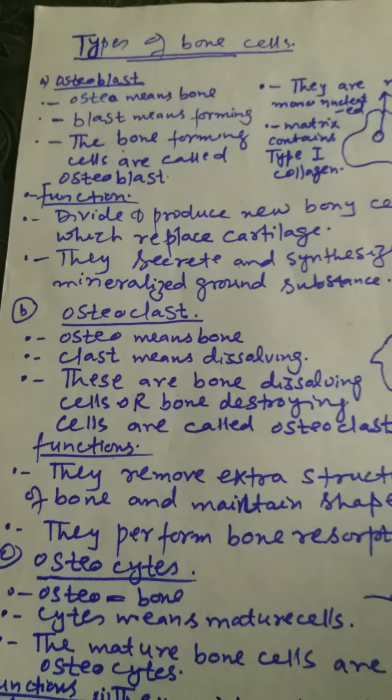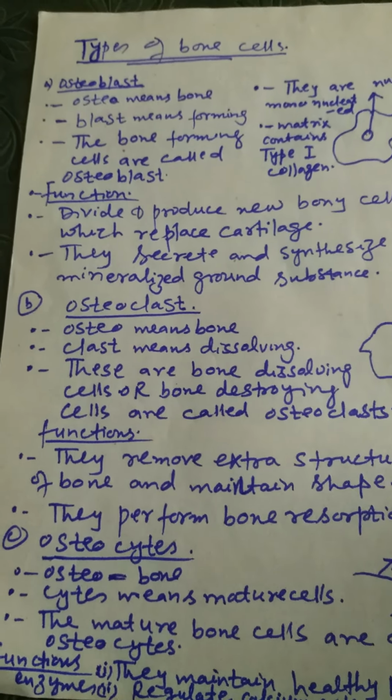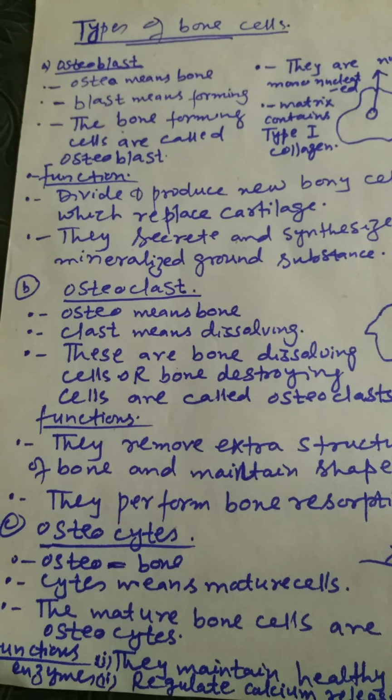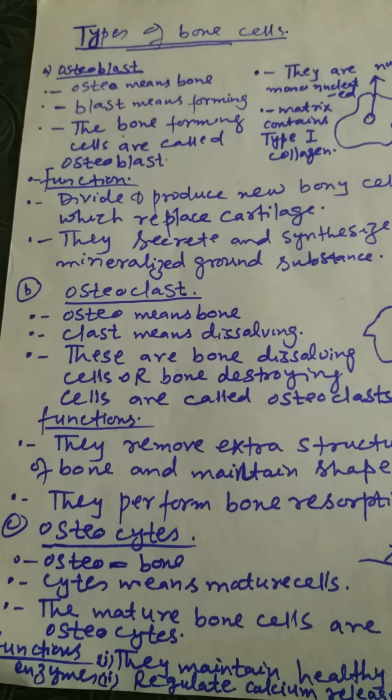Actually, they divide and redivide and form new bony cells which replace the cartilage. I think you people will know this: when a baby is born, the skeleton is completely made up of cartilage.